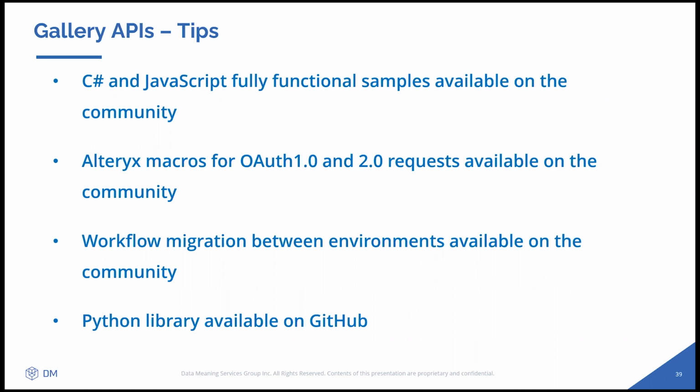The workflow migration between environments is also available on the community, right? So a fully functional workflow that will migrate workflows in between environments. You have examples on the community as well. And there are some Python libraries that are available on GitHub that you can leverage to perform the authentication and the Alteryx API calls if you want to do that using Python. Okay.